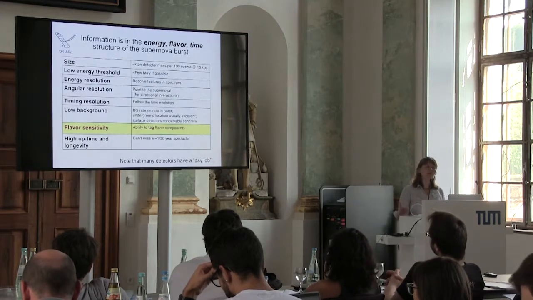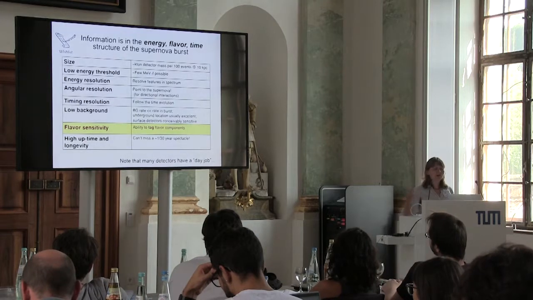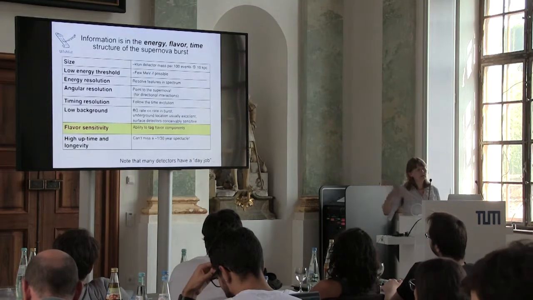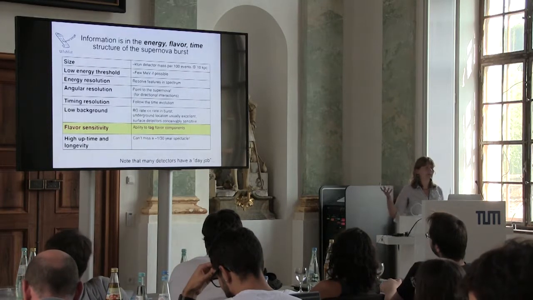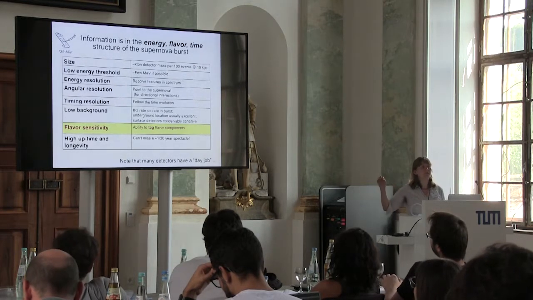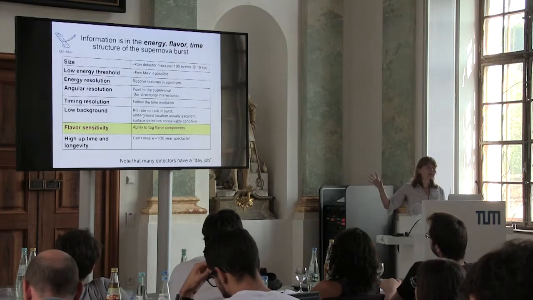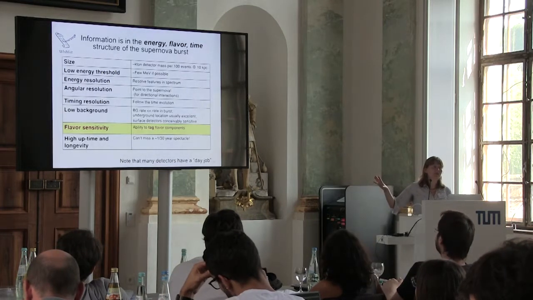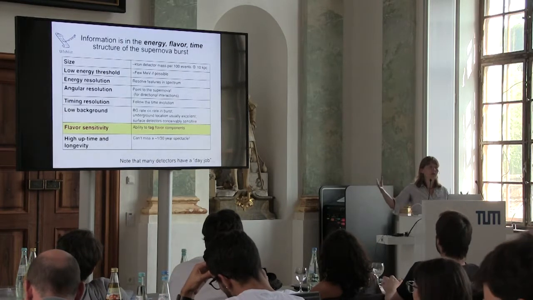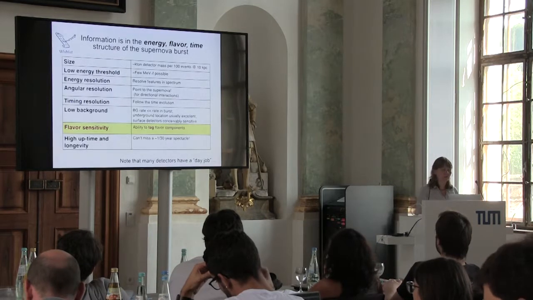And the back of the envelope for supernova is if you want 100 events, you need about a kiloton of detector mass. It depends exactly on the material and so on, but it's about a kiloton, if the supernova is at 10 kiloparsecs. 10 kiloparsecs is a little bit beyond the center of the galaxy, and it's our kind of benchmark distance for a typical galactic supernova.